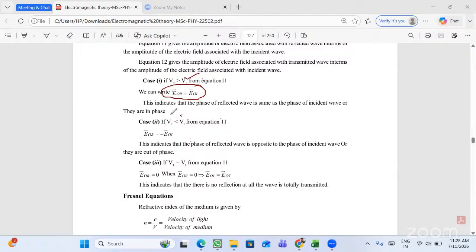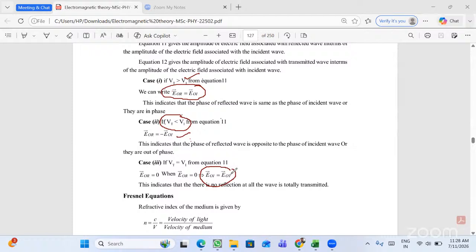If the velocity is less in one medium than the other, Vt is less than Vi, because the incident wave and transmitted wave are in different mediums. That is the case. And if both the mediums are the same, that is, the velocity in the incident medium and the transmitted wave is the same, then this is the condition you are going to get.